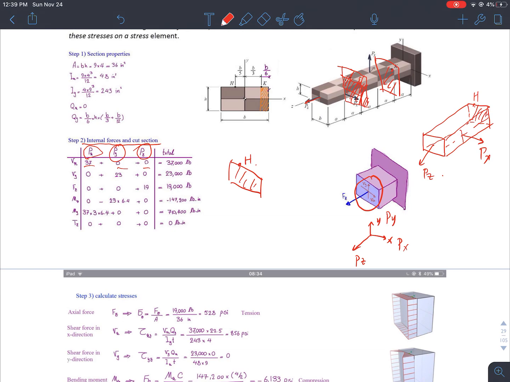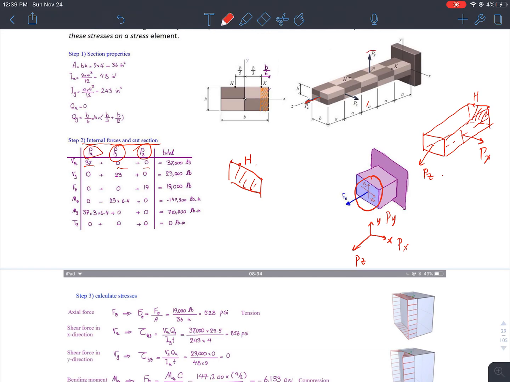Then I also have a bending moment Mx, because of the Px. Let me clean up this one for you. I also have a bending moment My in terms of Py.